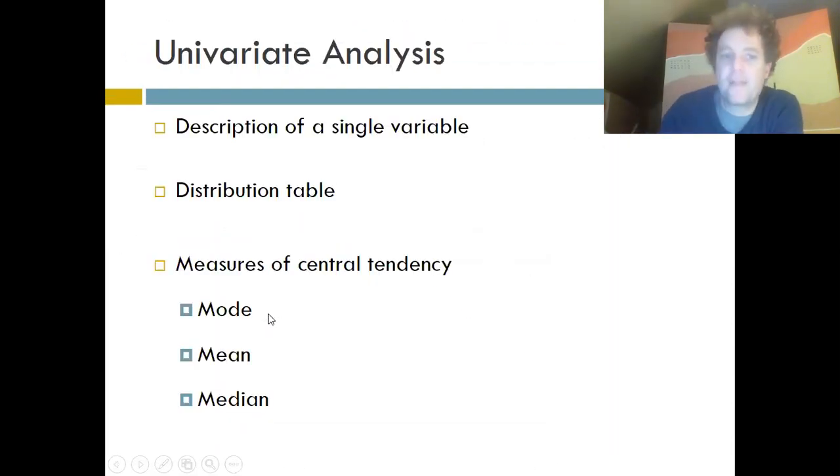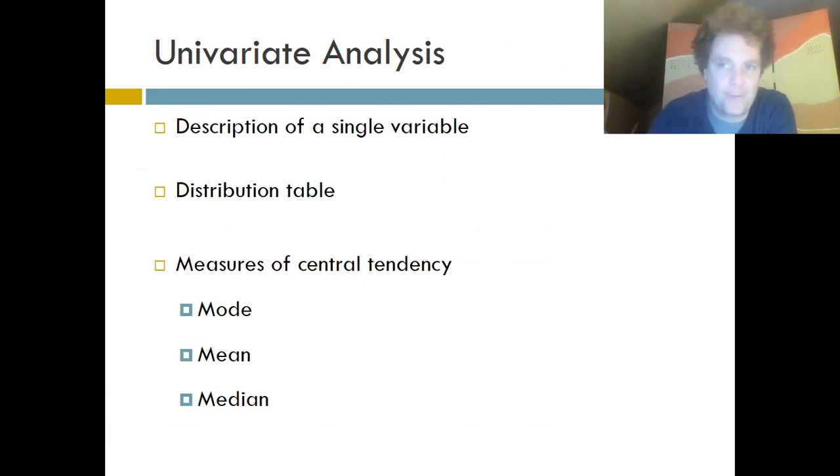What is the mean? The mean is basically the average. This only really works for numerical data. You take everybody's answer, add all the answers up, and then divide by the number of the population.